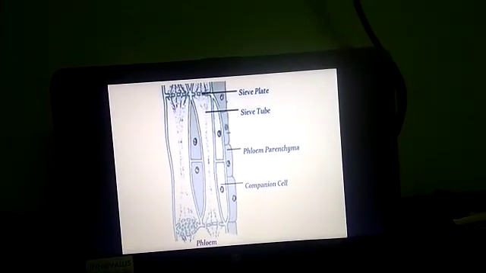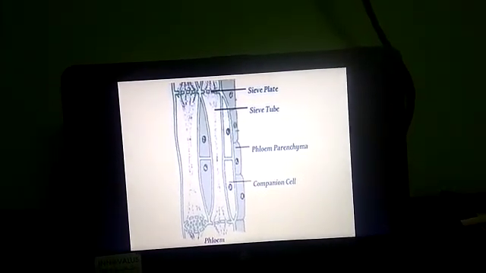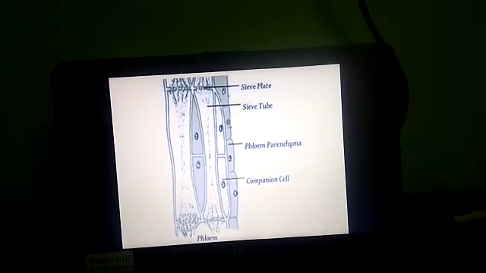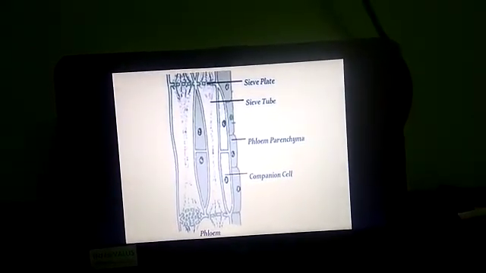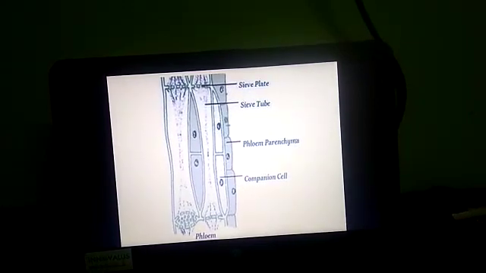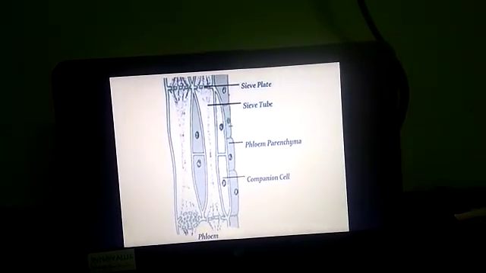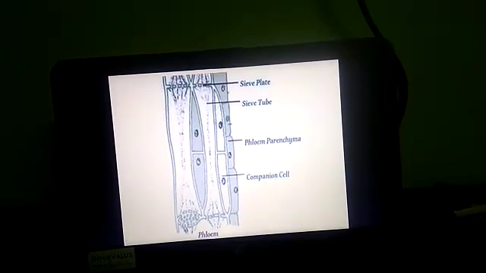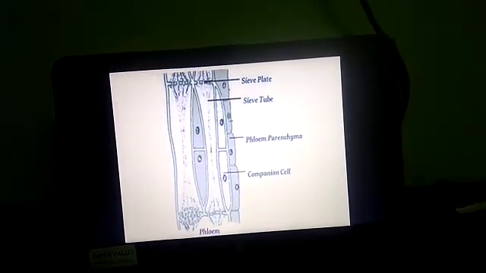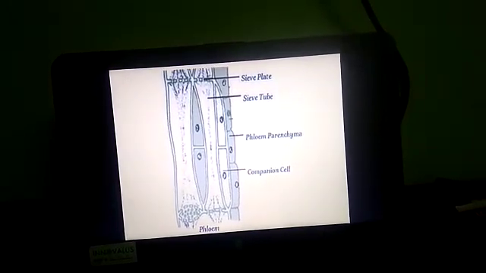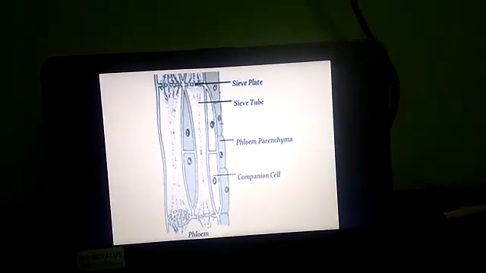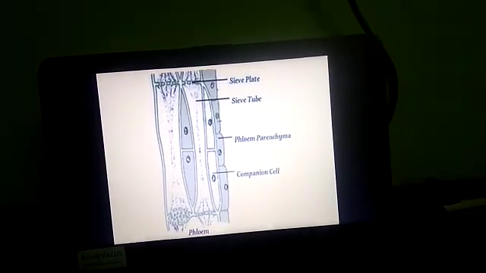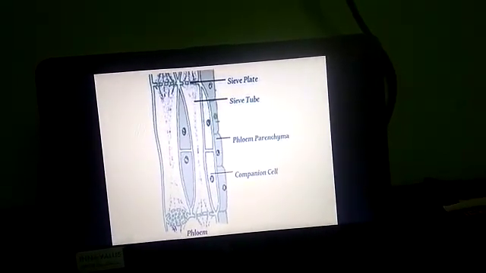After that you can observe sieve tubes are formed of cylindrical cells that are devoid of nucleus, and they are found arranged in vertical rows, placed end to end. Their end walls are called sieve plates.